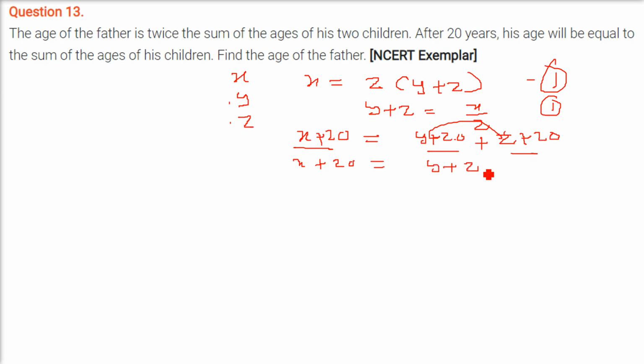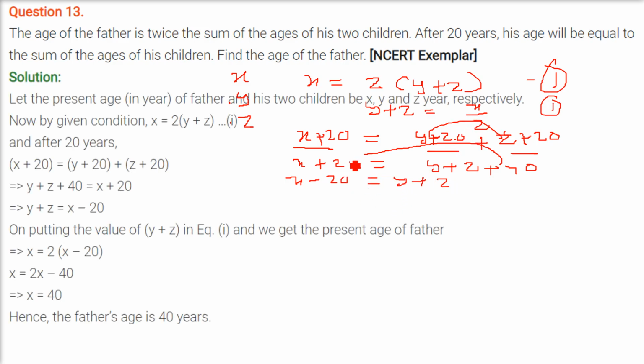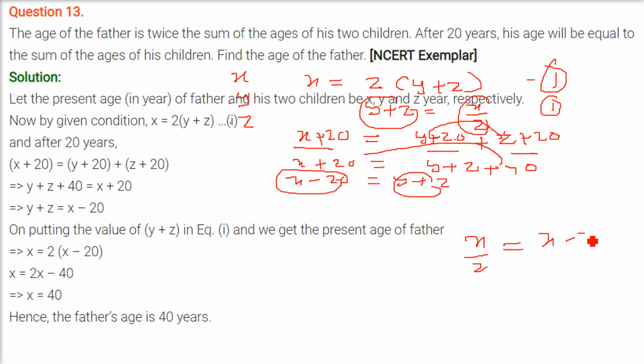Bring this 40 here. So you get x plus 20 minus 40, that is x minus 20 equal to y plus z. So we have y plus z as x by 2 in the first equation and y plus z as x minus 20 in the second equation.